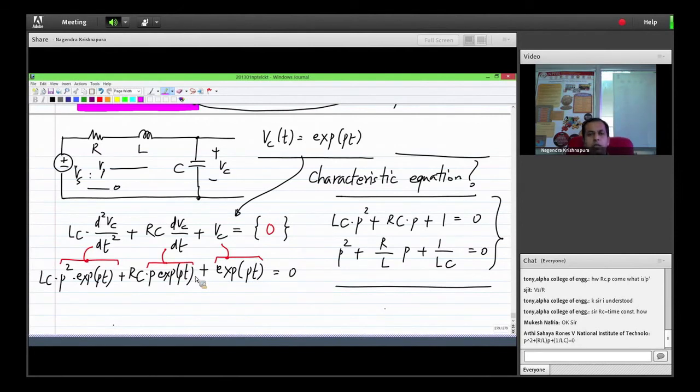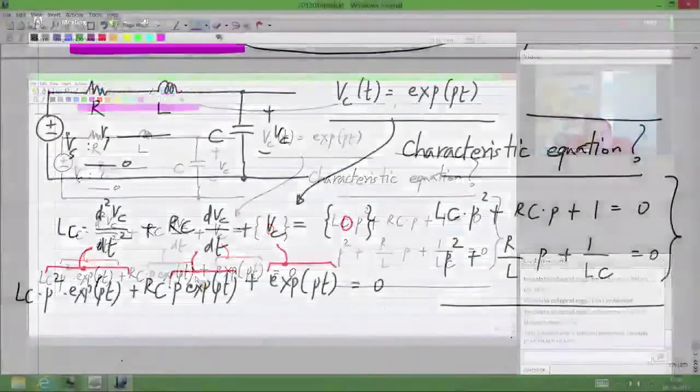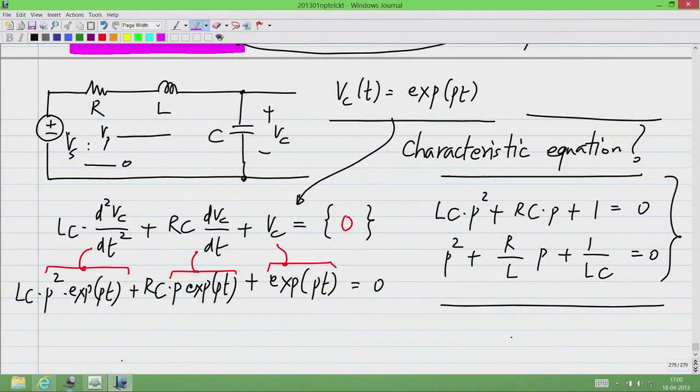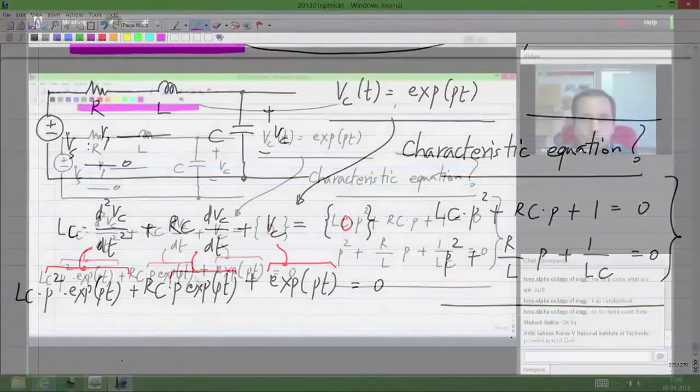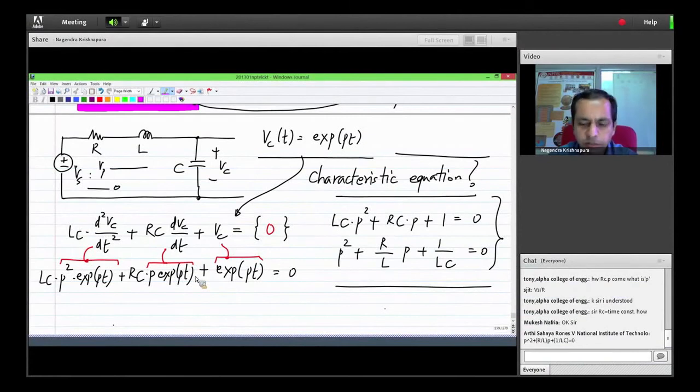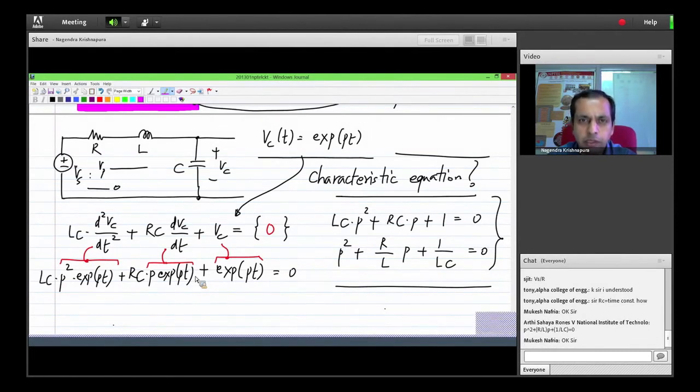Now, from this we can solve for the characteristic frequencies or equivalently characteristic time constants, but as I mentioned earlier, for higher orders than 1, it is common to speak of characteristic frequencies P rather than characteristic time constants. But if you want to call them time constants, that is okay, then the reciprocal of P will be the time constant.